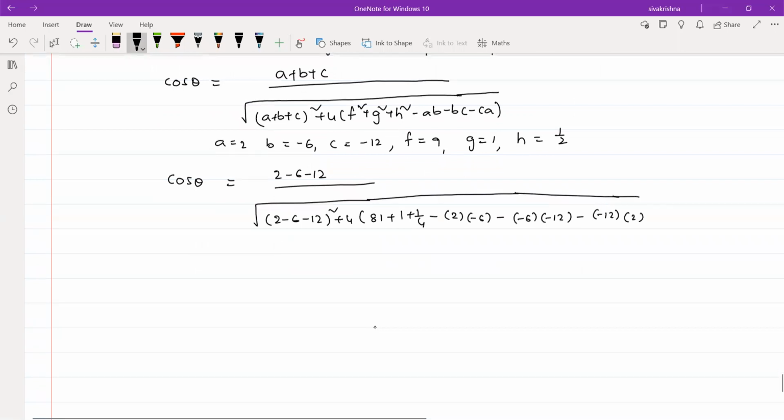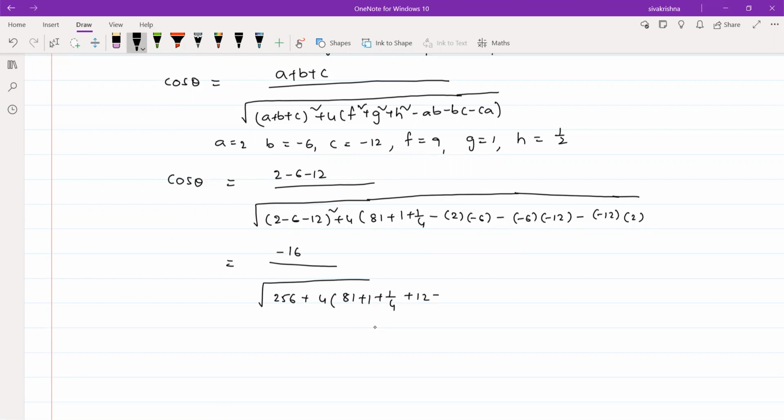Coming to the simplification, we get numerator minus 16 by square root of, so minus 16 whole square gives 256, plus 4 into, on simplification, 81 plus 1 plus 1 by 4 plus 12, next minus 72 and plus 24.